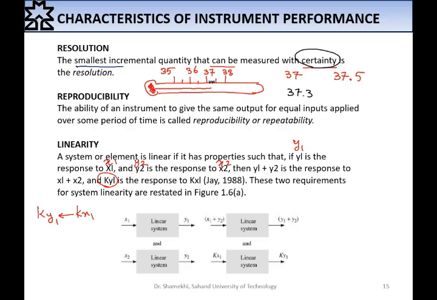These two requirements for the system linearity are restated in this figure. And also in this figure, we should have some correction here. This is x2, x1 plus x2.